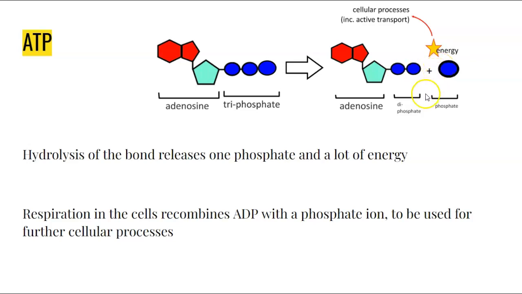And so hydrolysis, which is just the breaking of the bond and the production of water, will break this bond, and then the energy will be released, which allows the protein to change its shape and move the molecule across the membrane. To get ADP, which is what this has now become, back into ATP, you just have to eat some food and then go through cellular respiration.